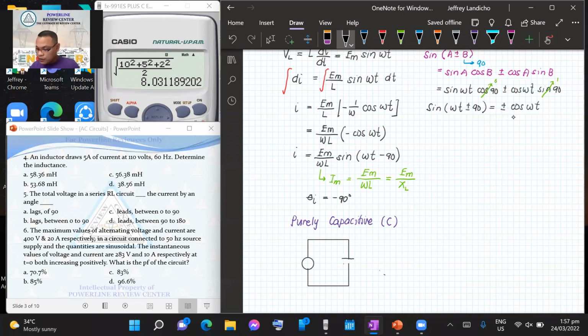Then you have our C. So again, you have the capacitance and the source voltage. Again, let us make it the reference. This angle is 0.